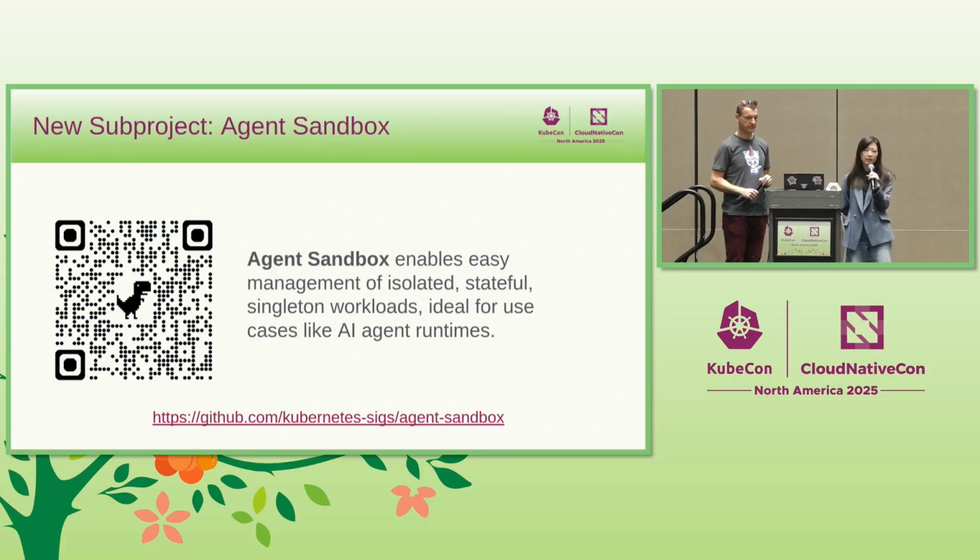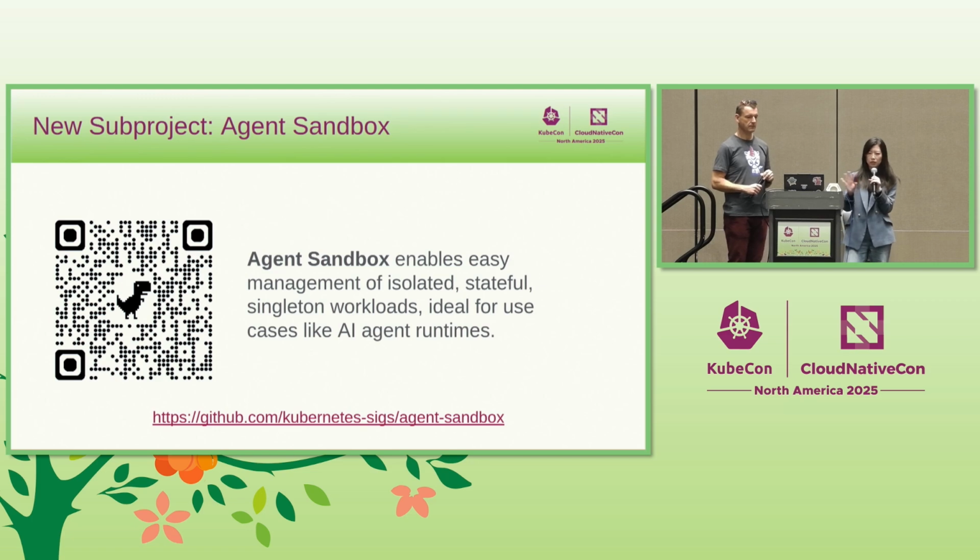This year in SIG Apps, we also have a new sub-project called Agent Sandbox, which was also highlighted in the keynote yesterday. The idea of Agent Sandbox is to enable easy management of isolated, stateful, single workloads for use cases like AI agent runtimes.